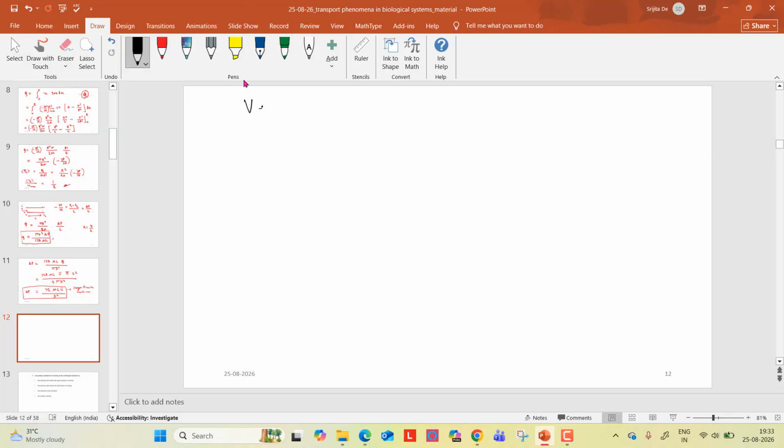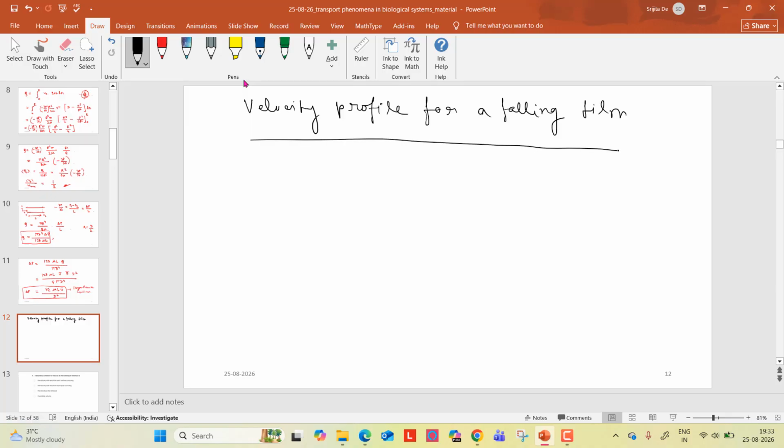So you can write the velocity profile for a falling film. Okay. So suppose there is a film, this is the substrate, and there is a film.